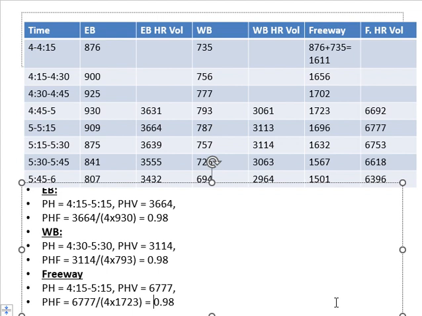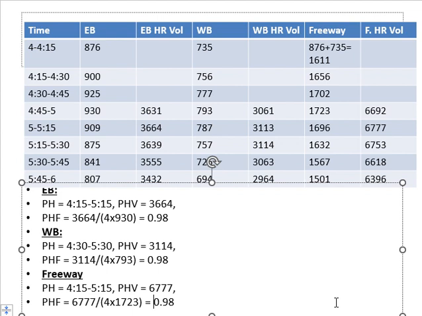But I added these values. So this 6777 is this plus this plus this plus this. They are hourly. Hourly cannot be 15 minutes, right? Did I answer your question? Any other question? Clear? Okay.